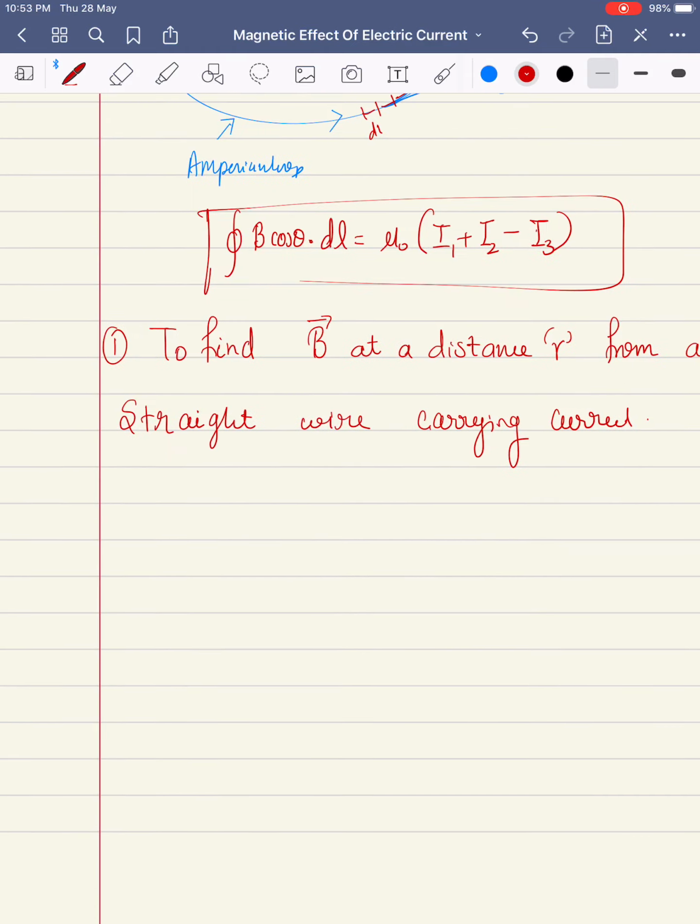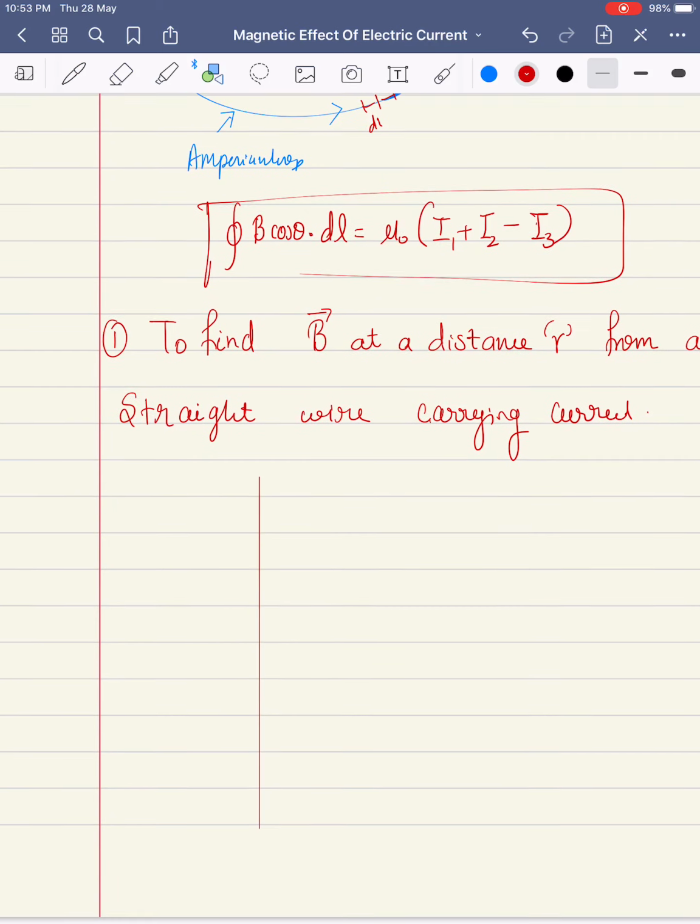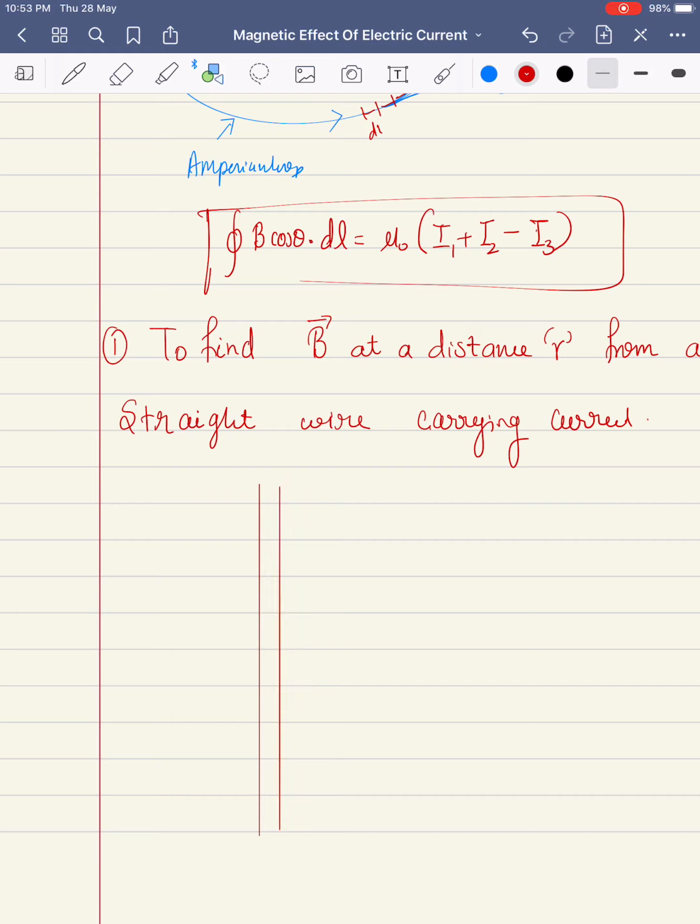Okay, so let me consider a long straight wire. This long straight wire is carrying current in the upward direction. Let's say the current is I.